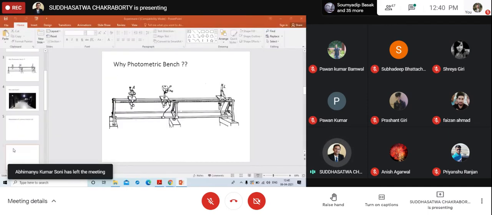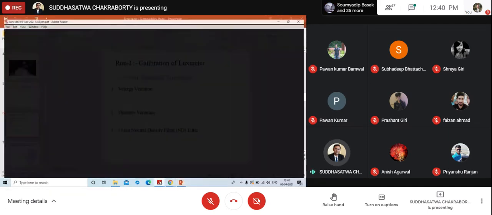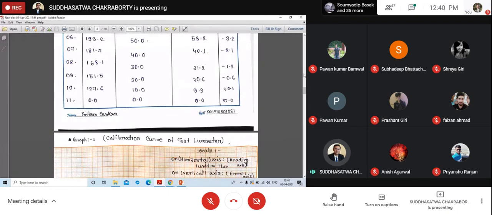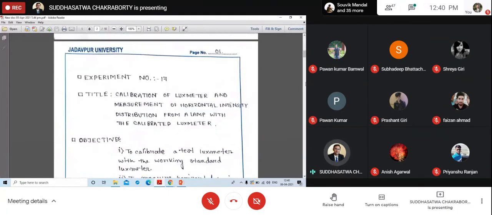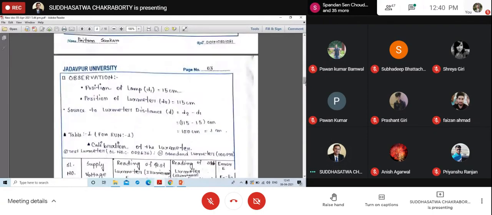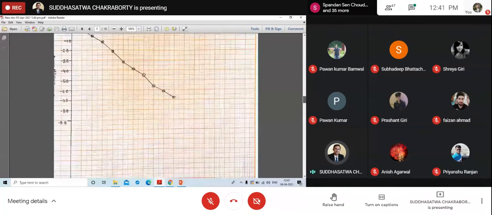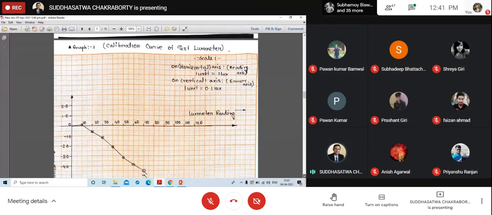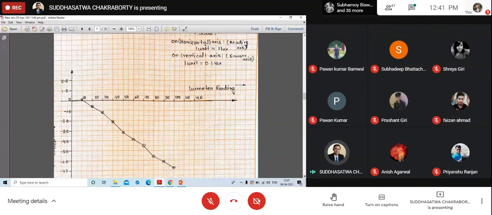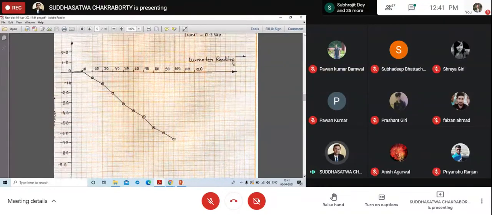For your better understanding, as I was planning with, I have made a sort of this thing I will share with you. Last year's one of your seniors' instruction sheet I have taken. So this is a calibration curve. Unfortunately, we can't do this. That was plotted where in my x-axis, the lux meter reading was taken, and y-axis the error, percentage error with respect to the standard that was plotted.